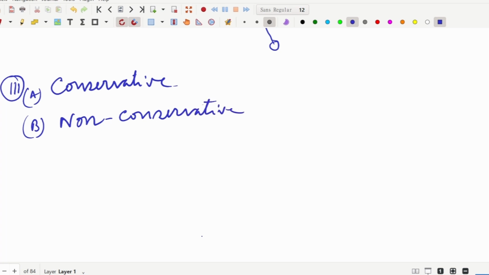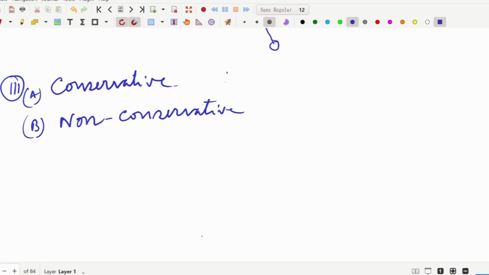I hope you all are familiar with conservative force and non-conservative force. So if the force behind the constraint is of conservative type, then it is called a conservative constraint. If the force which causes the constraint is of non-conservative type, then it is called non-conservative.